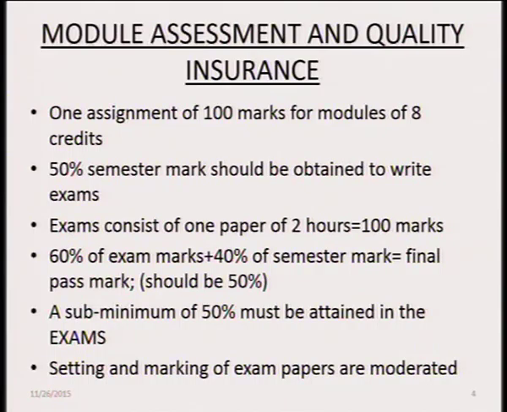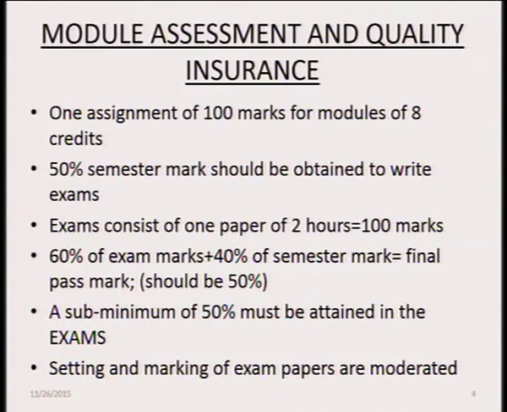Now, the module assessment and quality assurance. During 2016, one assignment of 100 marks for modules of 8 credits will be written. 50% semester marks should be obtained to write exams.